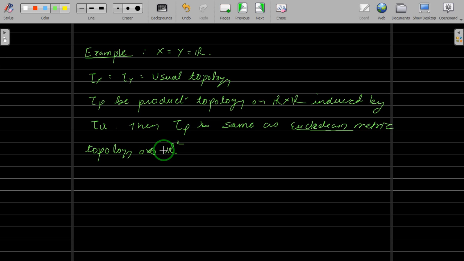Okay. Let me put one result for the basis for the topology and leave the proof of that as an exercise. Okay, you just have to mimic the things we have done till now.